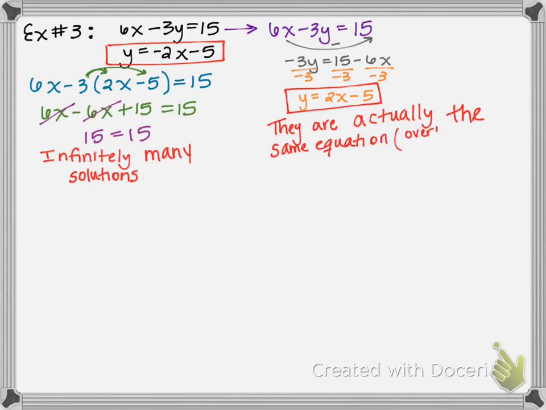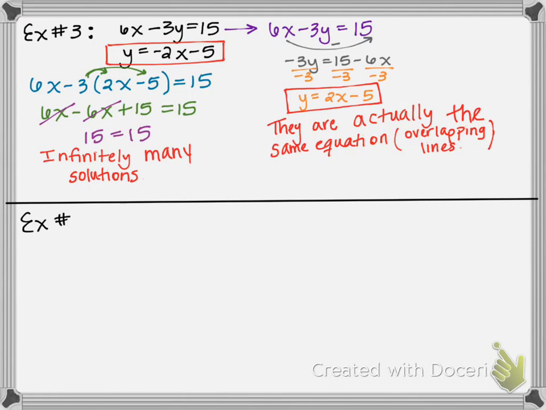And a final and fourth example. So in this one I have the two equations, 2x minus 6y equals 12 and 3y equals x plus 6. I want to isolate one of the variables. I saw that x was almost completely alone, so I solved for x.